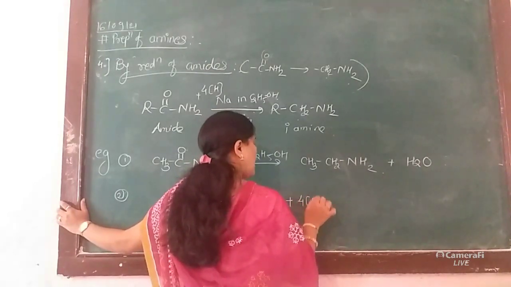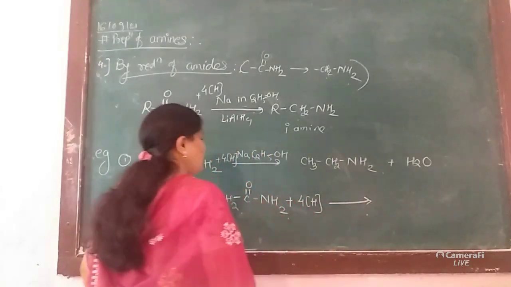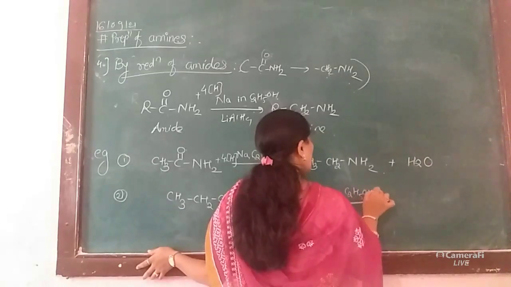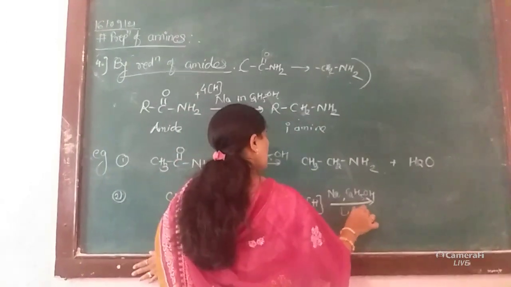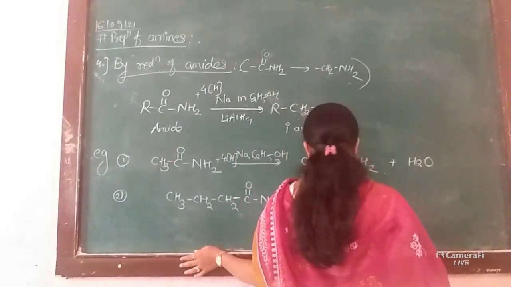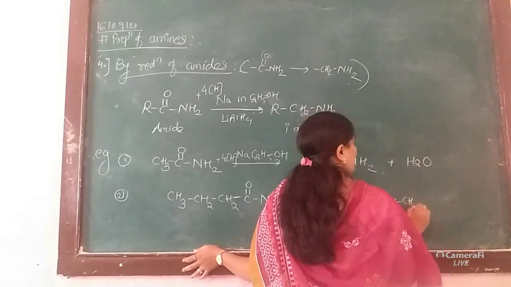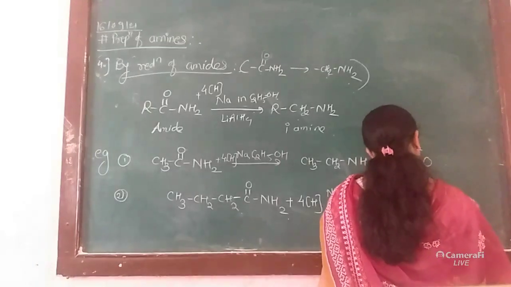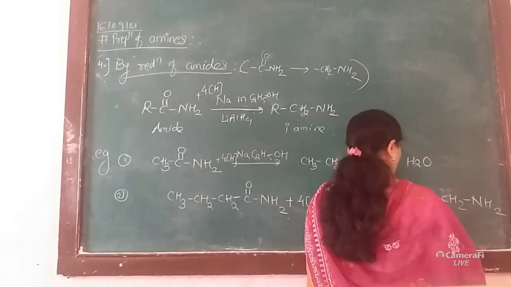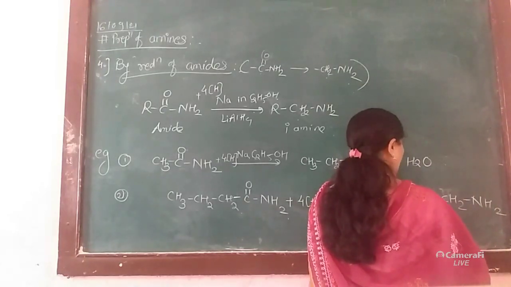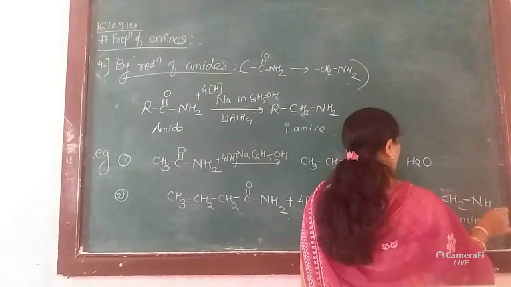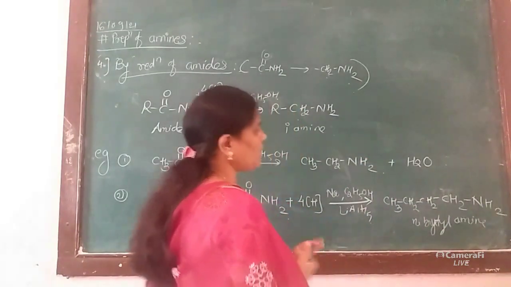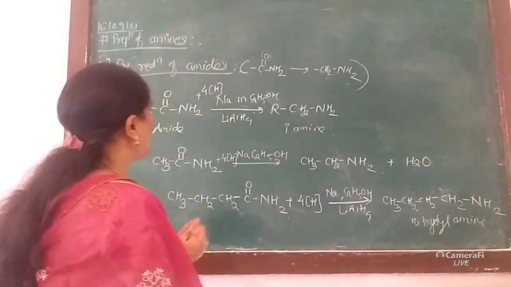So when butanamide undergoes reduction in the presence of nascent hydrogen, which is obtained from sodium and ethanol, or also in the presence of LiAlH4, it is converted into CH3CH2CH2CH2NH2. The common name of this primary amine is n-butylamine, or butane-1-amine. Butane-1-amine is the IUPAC name of this amine.